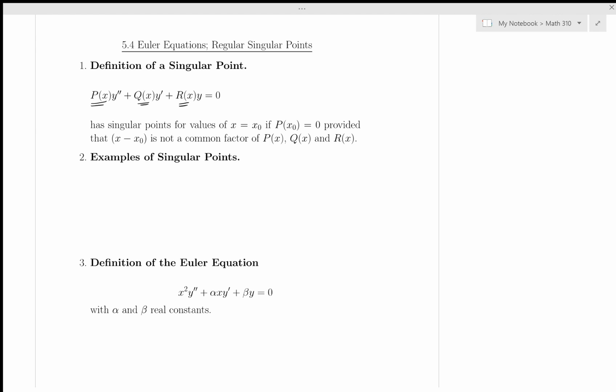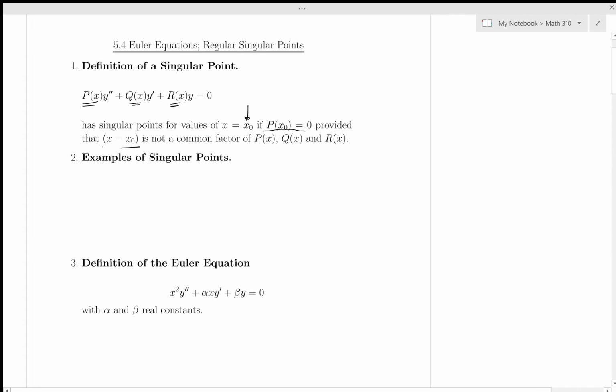So that second order differential equation has a singular point at x naught if p of x naught is 0, provided that x minus x naught is not a common factor of p of x, q of x, and r of x. So that means basically you can't divide it out.